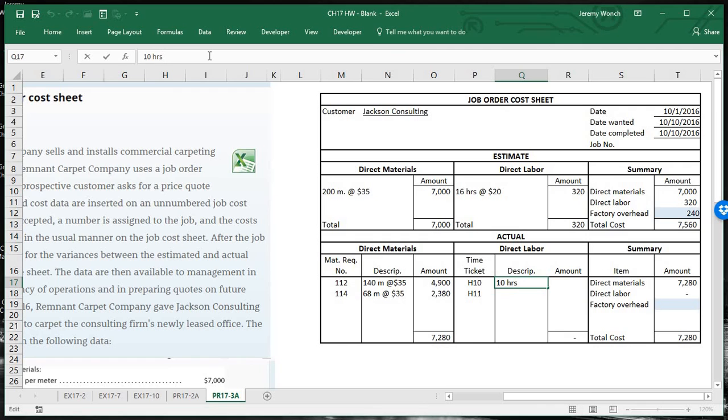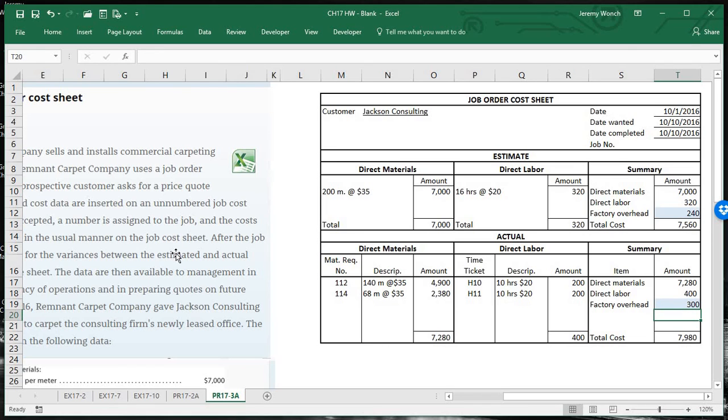So our direct labor, we had 10 hours at $20 an hour. And 10 hours at $20 an hour again. So that's going to be 10 times 20 for both of these, and then it gives us our actual factory overhead of 300.